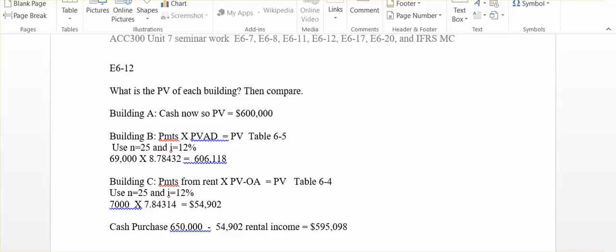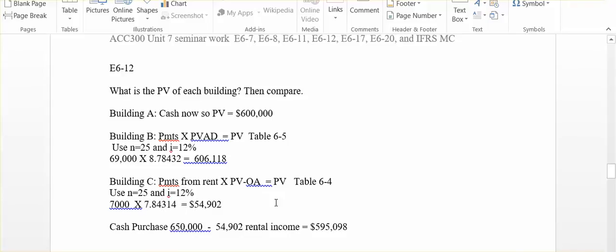It's table 6-4, and we go there with 25, because we're getting the payments at the end of each year, so that's why it's an ordinary annuity. So it's the present value of an ordinary annuity. N is equal to 25, I is equal to 12, table 6-4, we get this factor, times the $7,000 we're going to be getting.